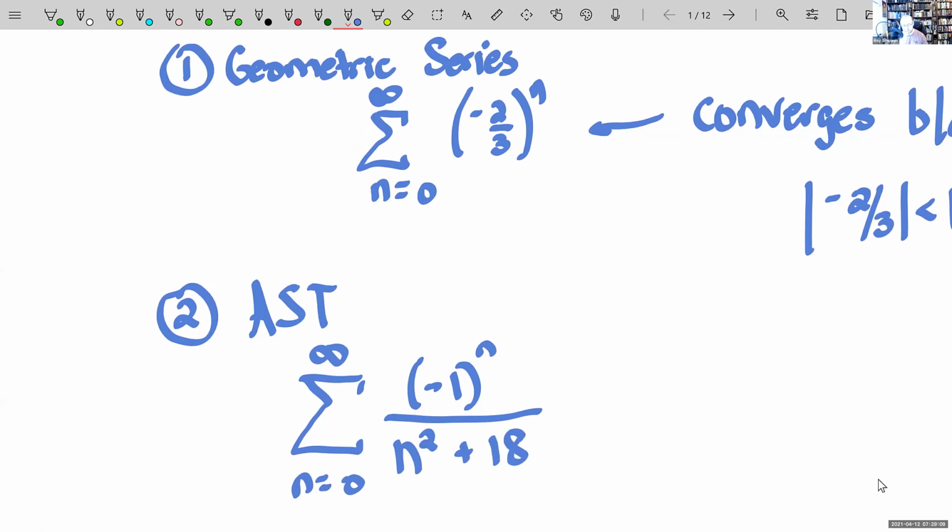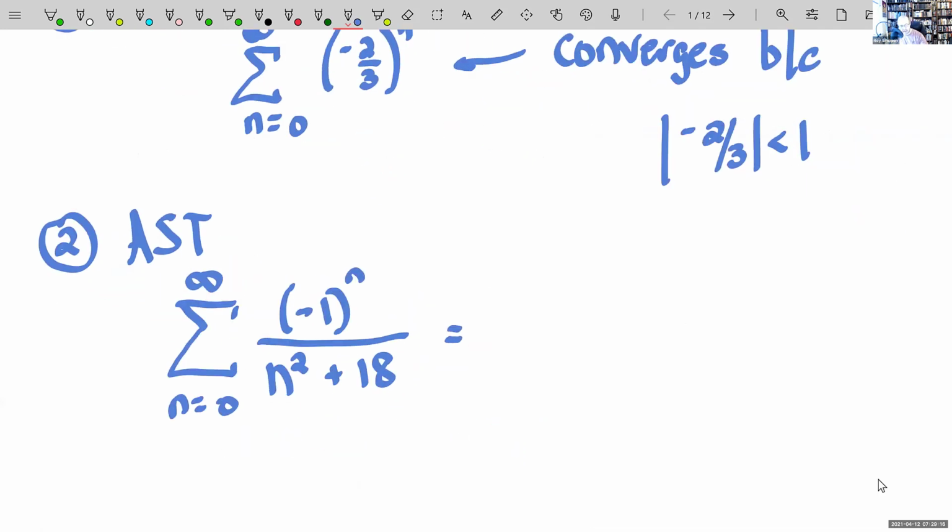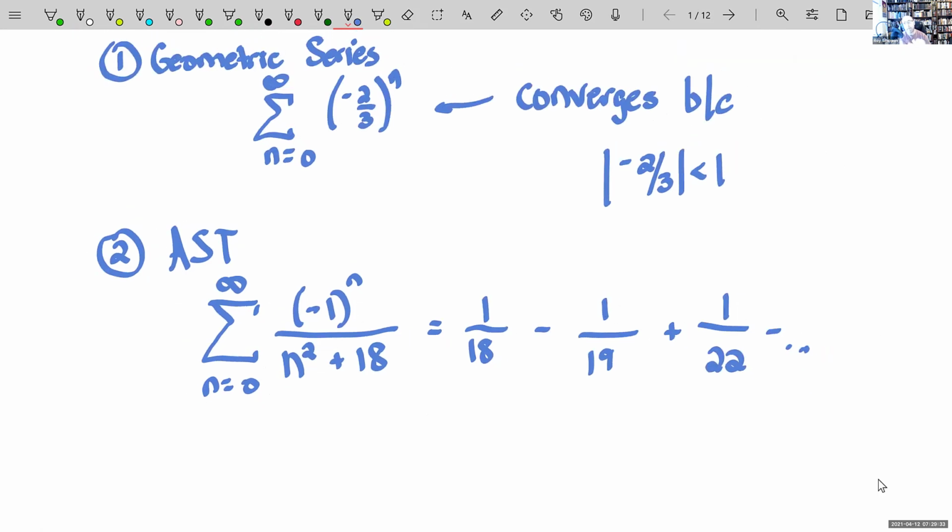The terms are alternating. When n is equal to 0, I get 1 over 18. When n is equal to 1, I get -1 over 19, and plus 1 over 22, minus, and so on, forever. But that will pop back and forth between positive and negative.